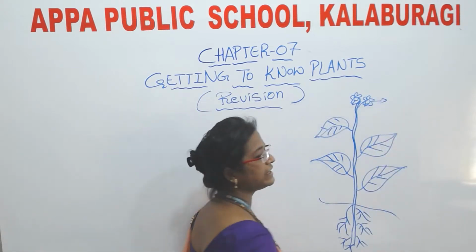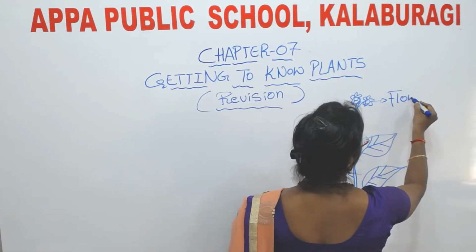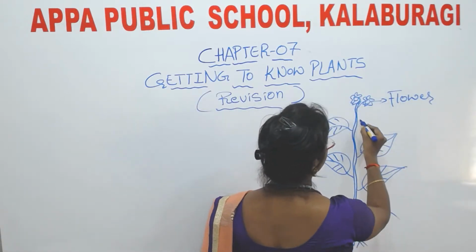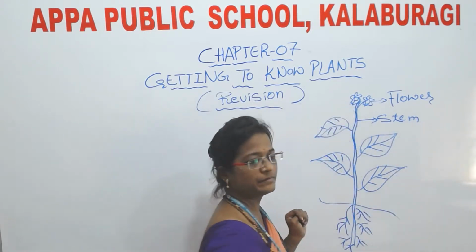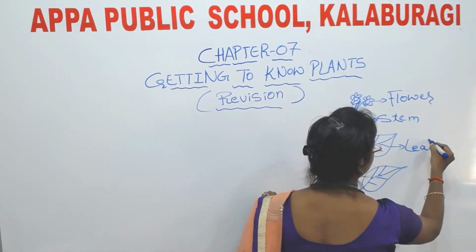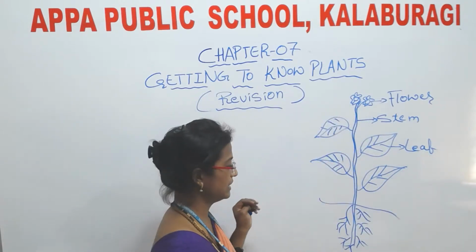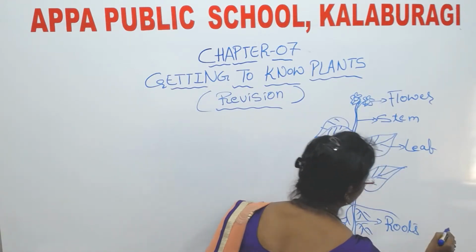Okay, as you can see here, flower. Here is stem, isn't it? Here is leaf. And here you can see roots.